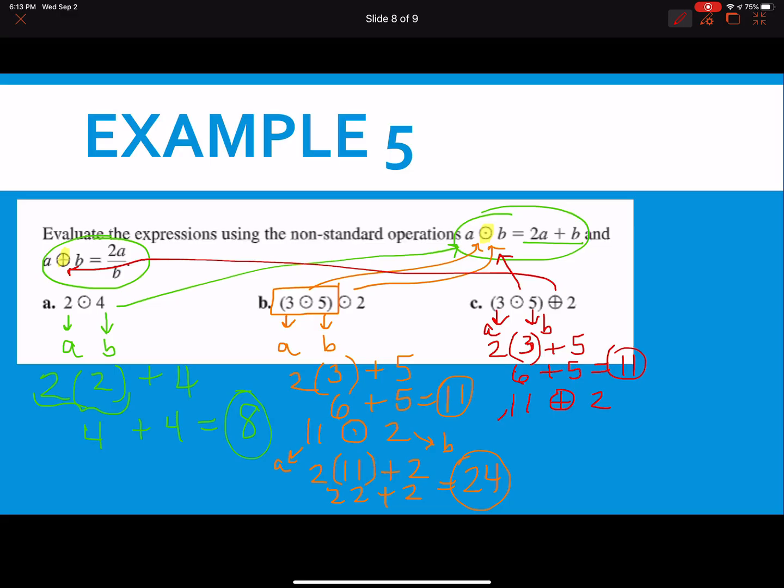So this 11 now becomes my A and 2 becomes my B. So I'm going to take the operation over here and I'm going to substitute 11 in place of A, fraction bar, and I'm going to substitute 2 in place of B. And now I'm simply going to solve my expression. So 2 groups of 11 is 22. Divided by 2 simplifies to 11.